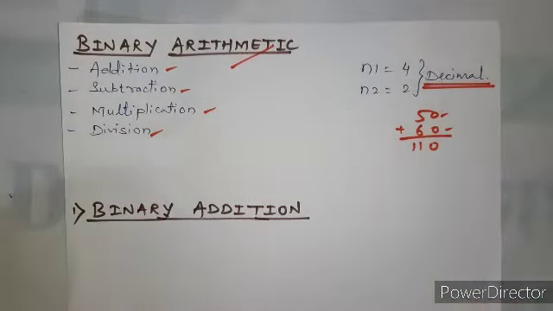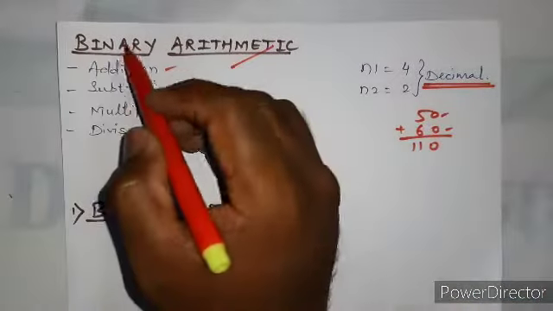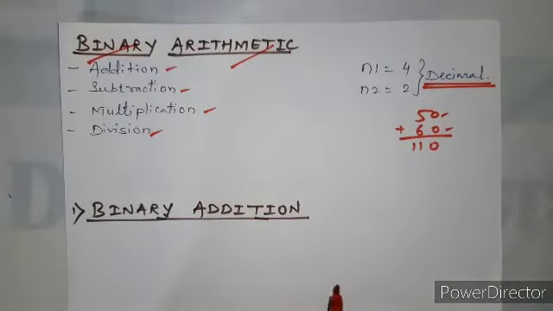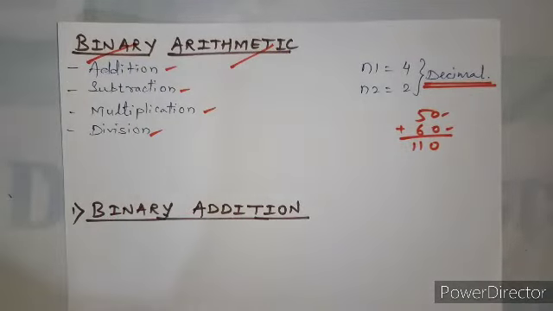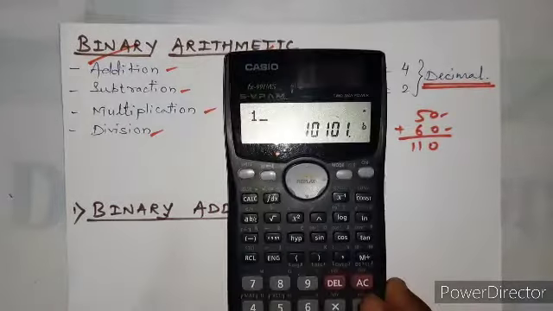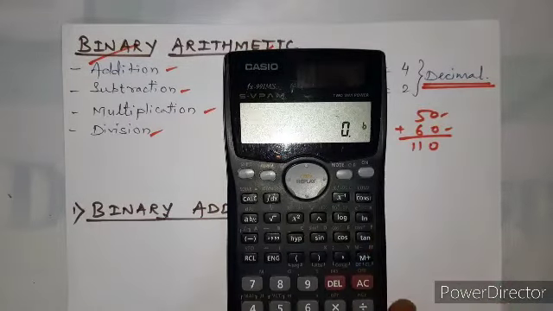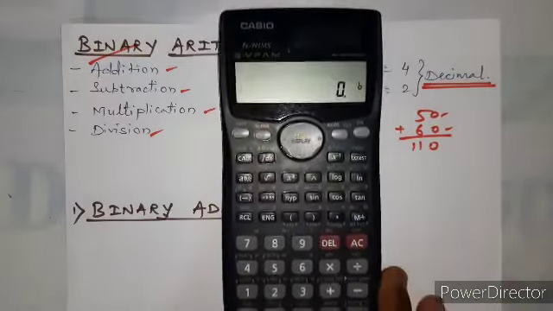Now as we are going to study digital circuits, and digital circuits only understand binary language, we are supposed to see binary arithmetic. We have this calculator with us, and this calculator is simply an example of digital electronics.